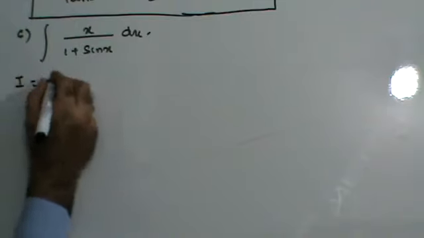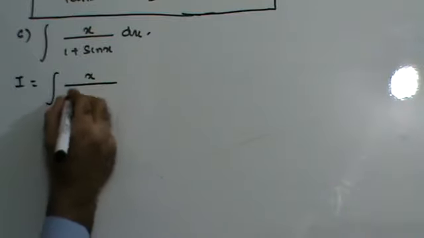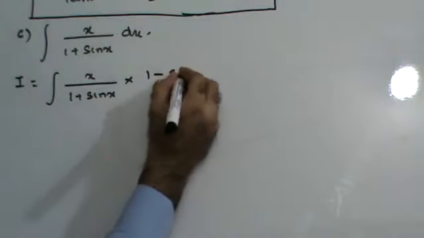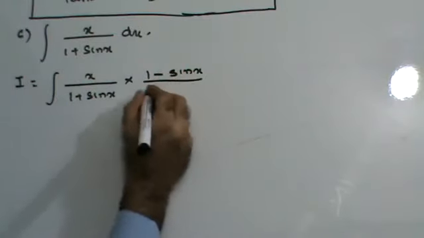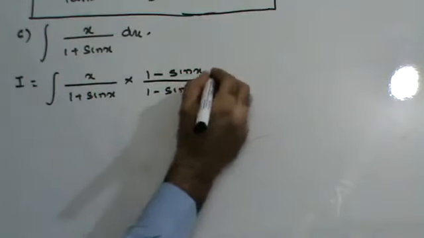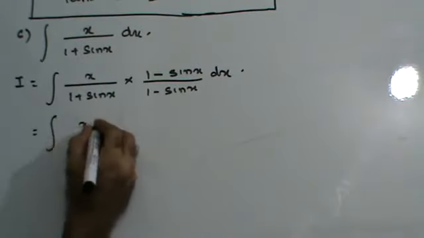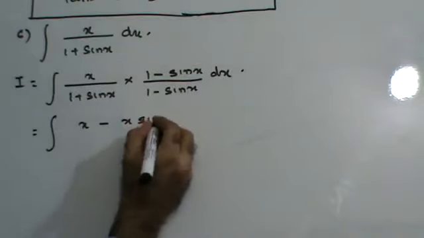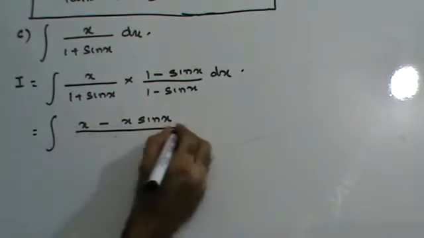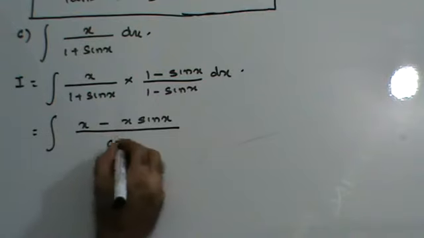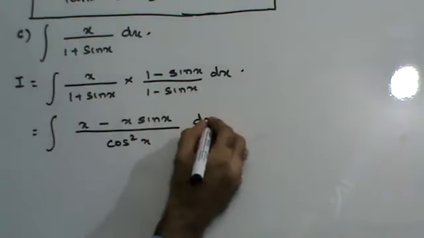So what we are going to do is rationalize the denominator. If I rationalize the denominator, it is 1 minus sin x upon 1 minus sin x dx. This can be written as integral of x minus x sin x upon 1 minus sin squared x, which is cos squared x dx.